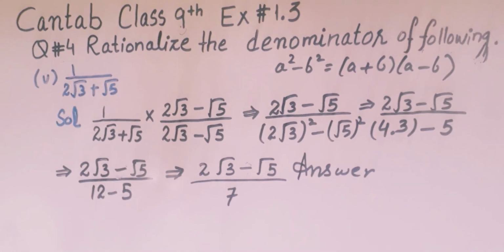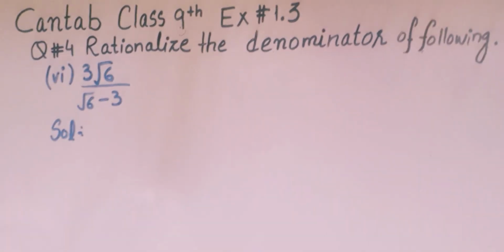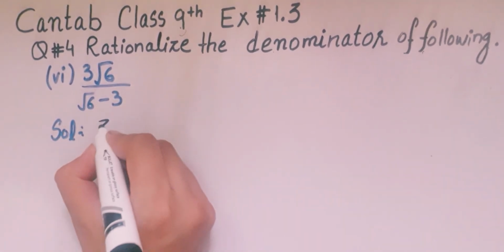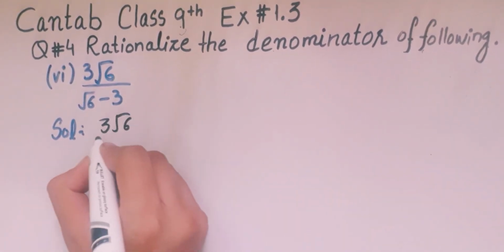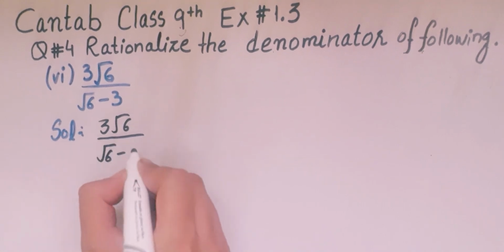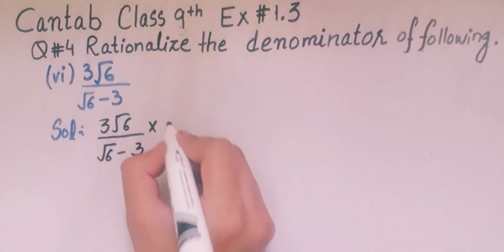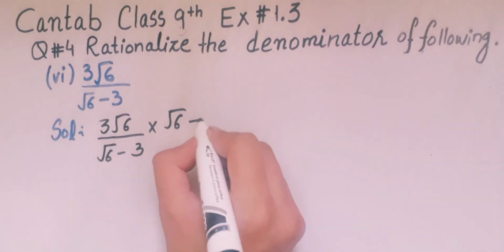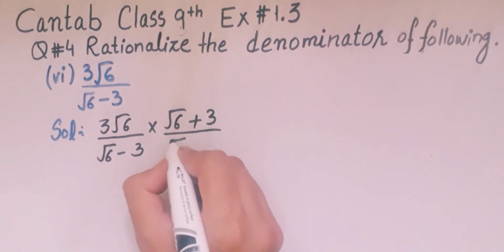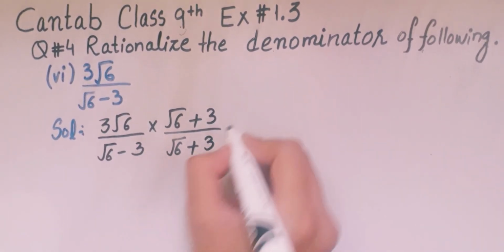Now we will do part 6. 3 square root 6 by square root 6 minus 3. We will solve this. Square root 6 minus 3, multiply by square root 6 plus 3.